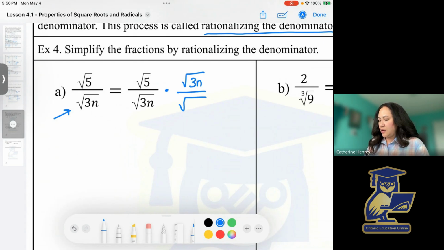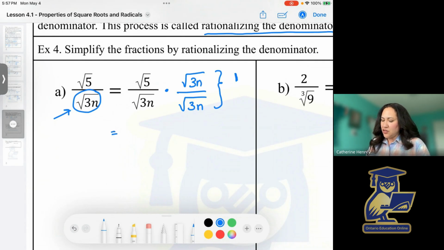by what's in the denominator over itself, because the root of 3n divided by the root of 3n is really equal to 1. So we haven't changed the value of the expression.